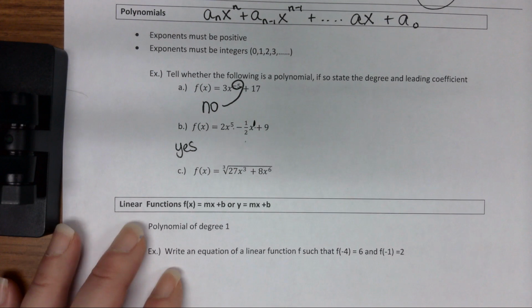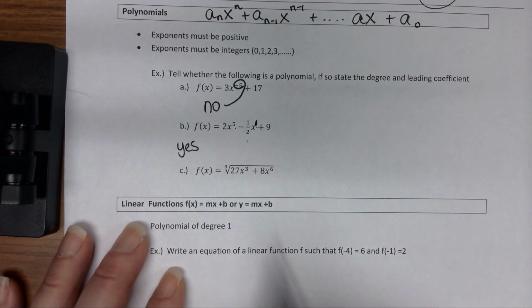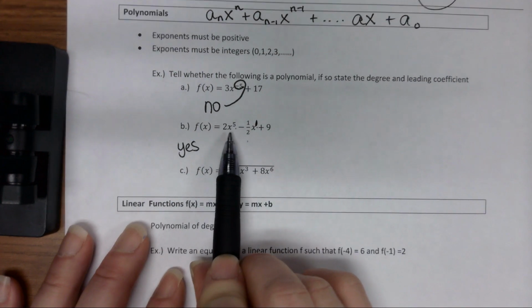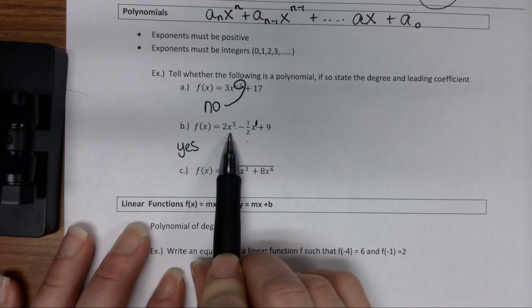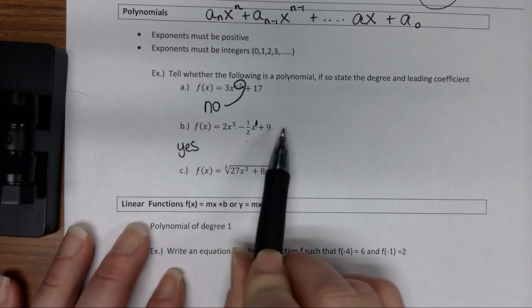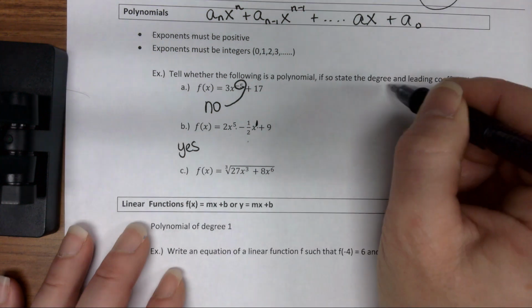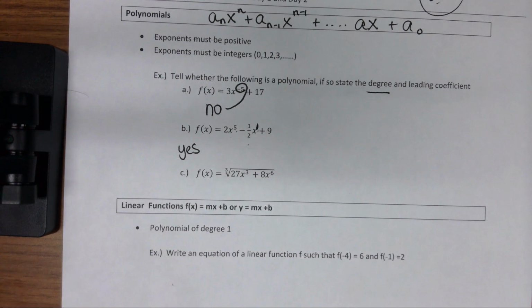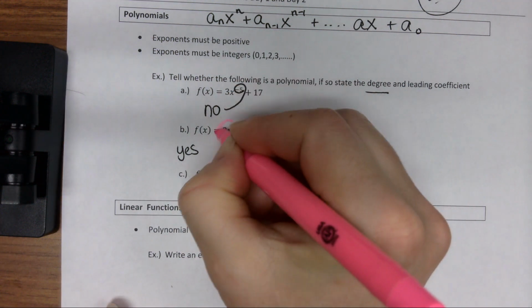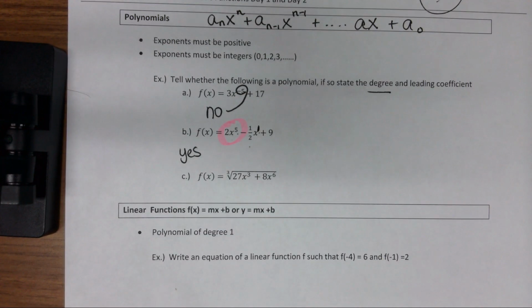It's already written in standard form. If it's not, then you just list the highest degree and then you list them in descending order. The degree of the polynomial is just the degree of the highest degree term. So looking at that term there, 2x to the 5th, what is the degree of that x?